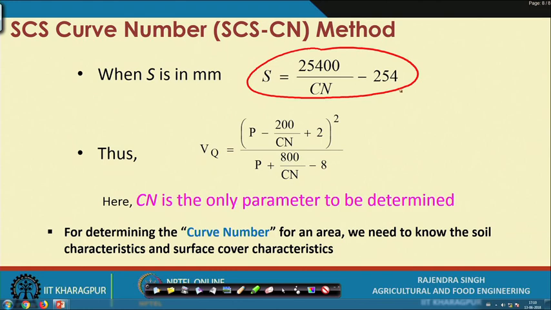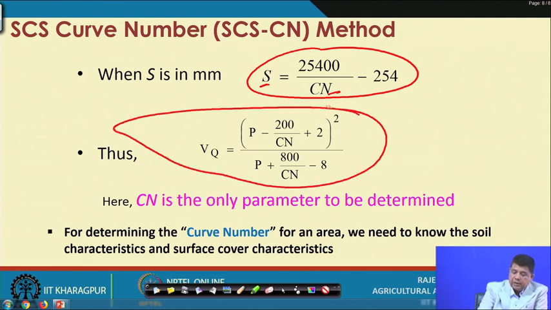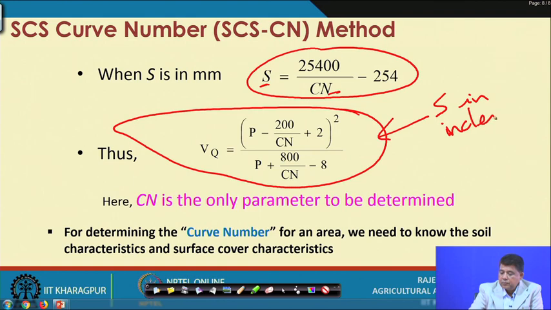This will give us S in millimeters, and that simply means that we can replace S in terms of curve number in our original equation. This is the equation, and here you remember we are using the previous form, that is S in inches.